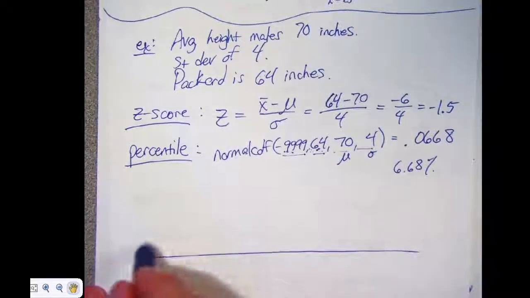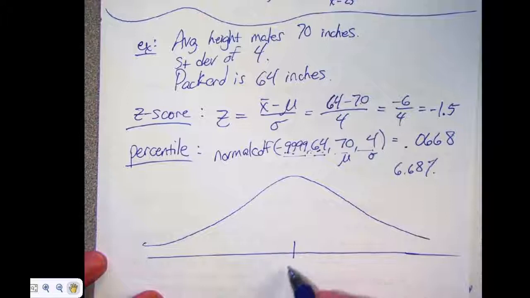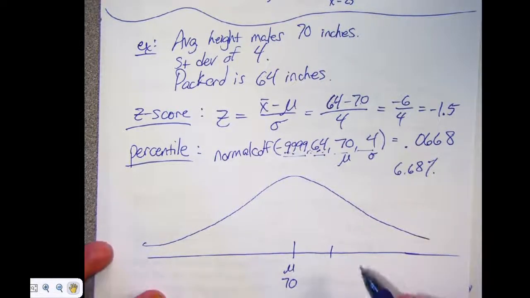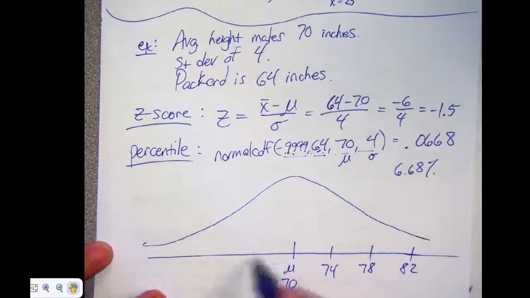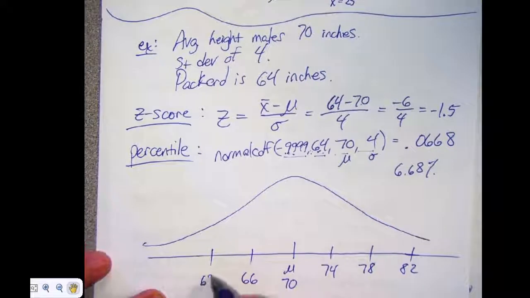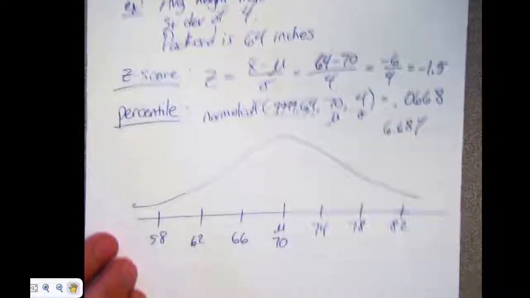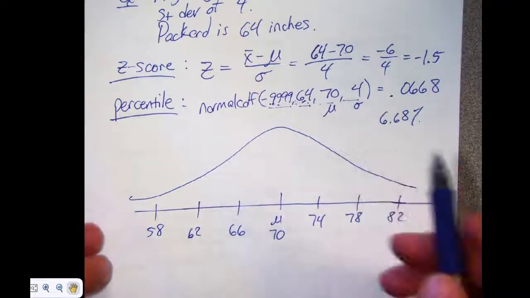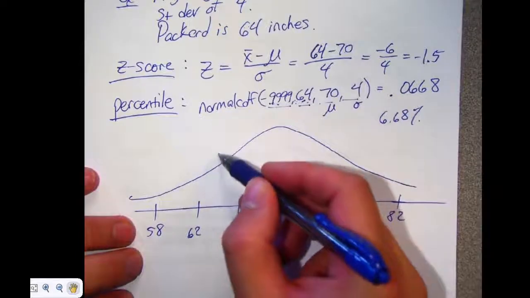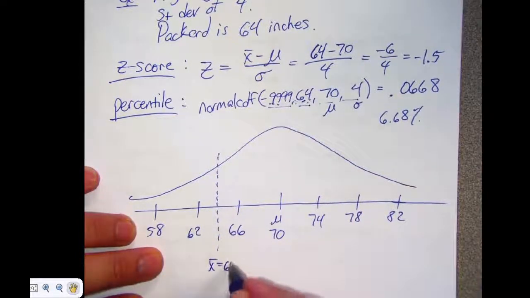All right, now graph it. So the average was 70. Standard deviation is 4. So I'm labeling my graph based on those standard deviations. And then I'm labeling Mr. Packard on here. He is 64 inches, so X bar equals 64.